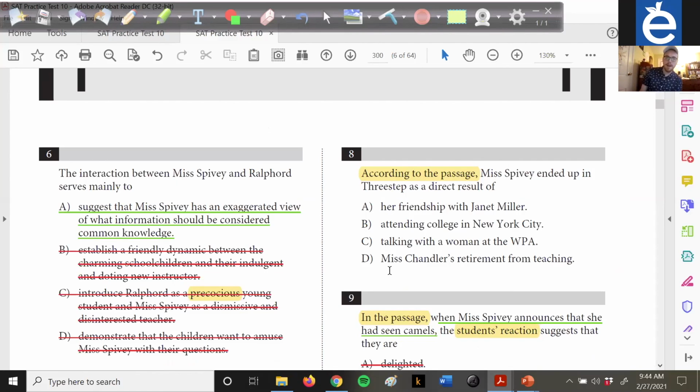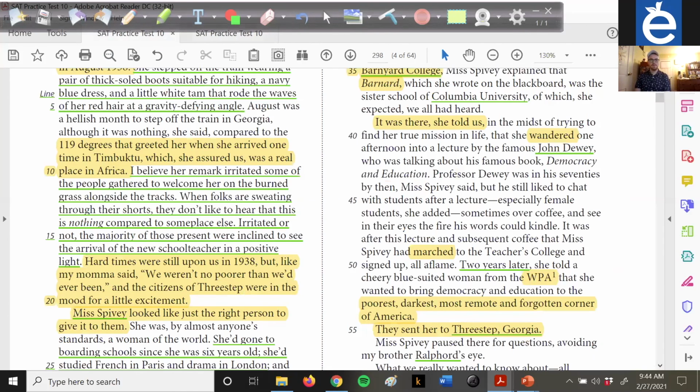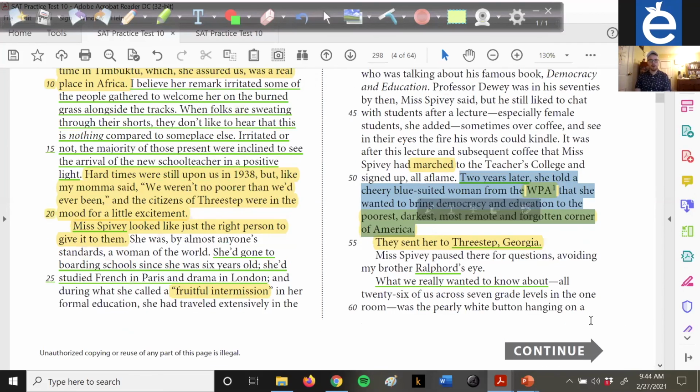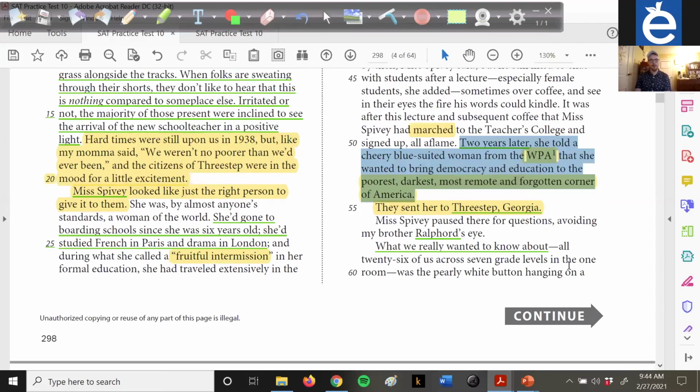So according to the passage, Miss Spivey ended up in three-step as a direct result of what? Well, why did she end up in three-step? Again, we find out that she gave this information to the WPA. This is where I want to serve, in these dark, remote, forgotten corners. They sent her to three-step, they being the WPA.